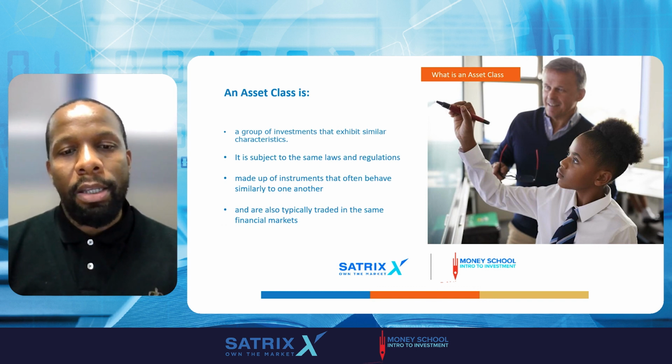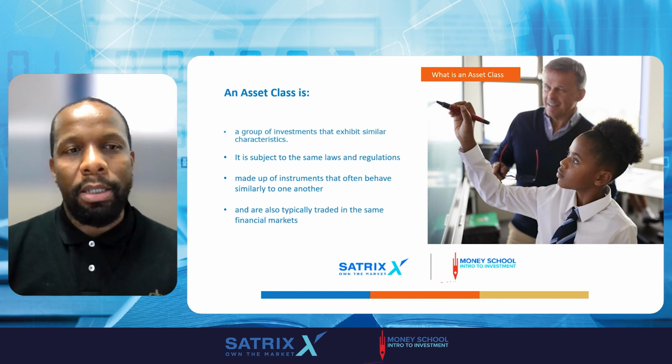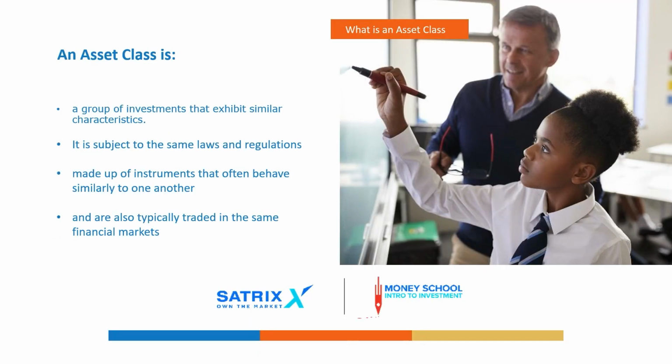The basic definition of an asset class is a group of investments or investable securities that exhibit similar characteristics. They are subject to the same laws and regulations, and the different asset classes are made up of instruments that often behave similarly in terms of return, risk, which I will touch on later, and where they will be listed or trading.